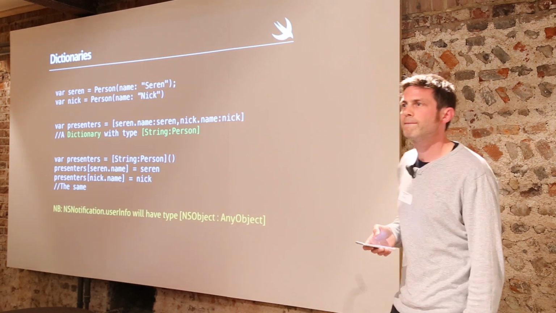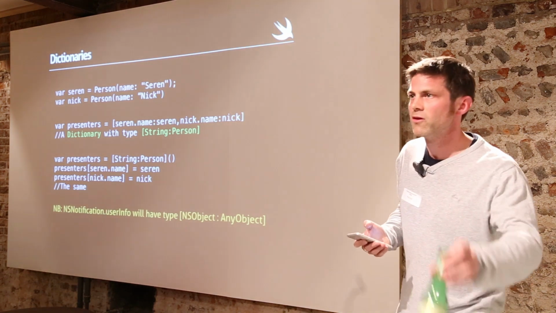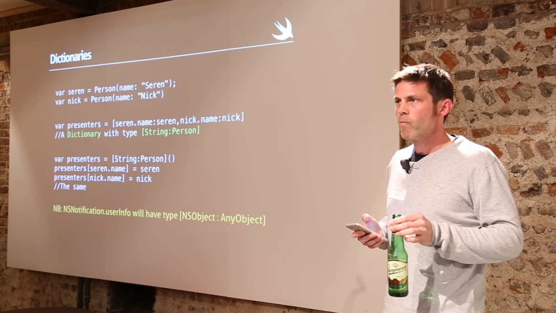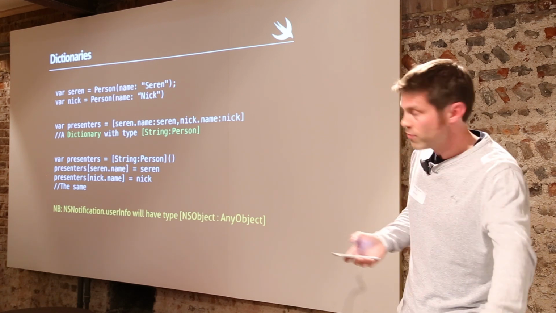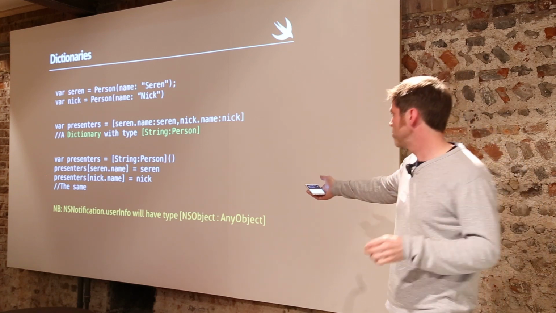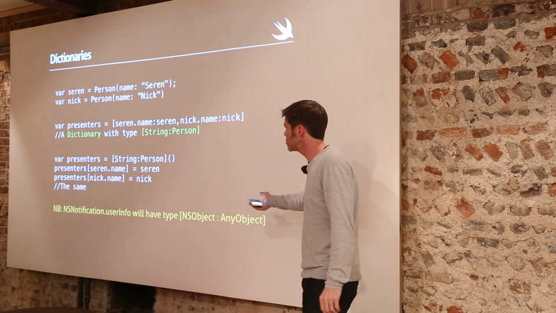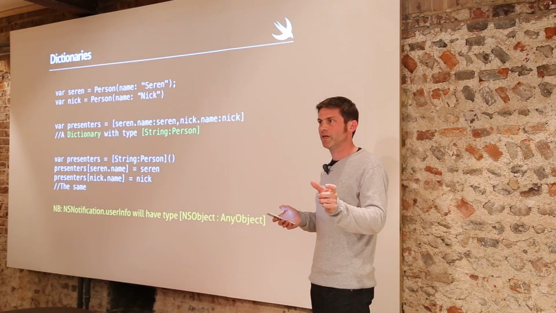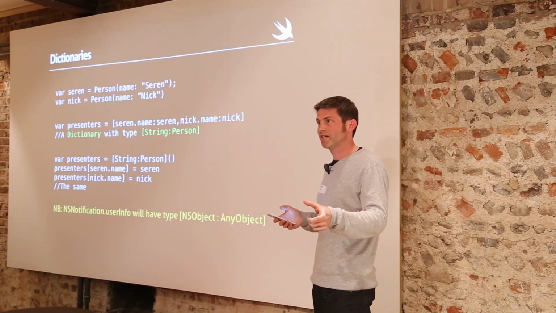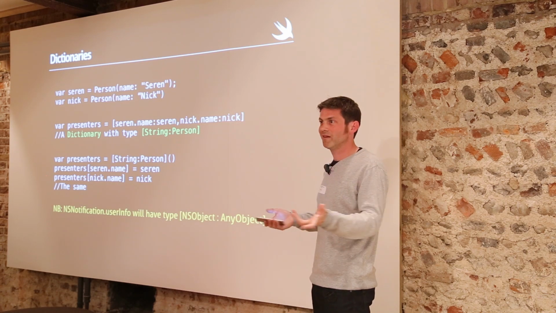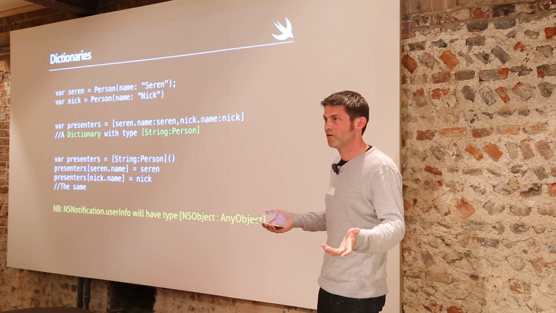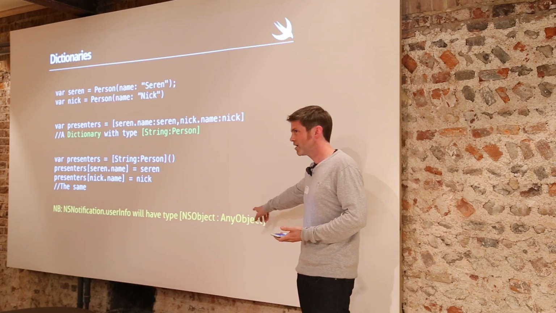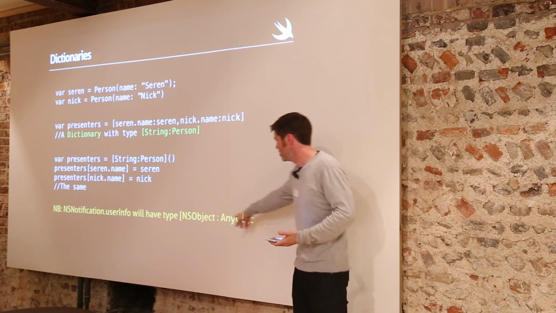And this is the obvious question. Sorry. Yeah, go. If you do want, classically, dictionaries to pass lots of different things back of different types? Right, so hopefully that is going to be answered right here. In Cocoa APIs, which do exactly that, where the key could be, say, a number or a string, and the object could be pretty much any kind of pointer, that's what this translates to.